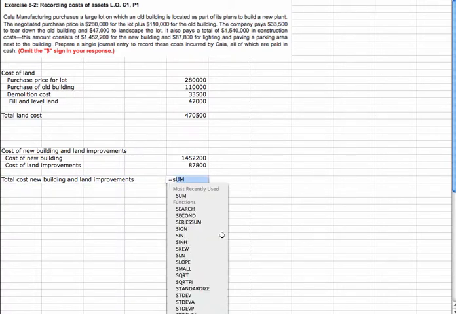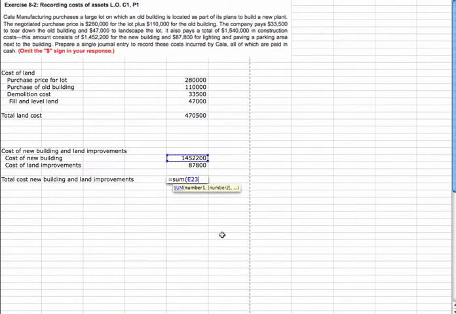So if we add these two together, we get the $1,540,000.